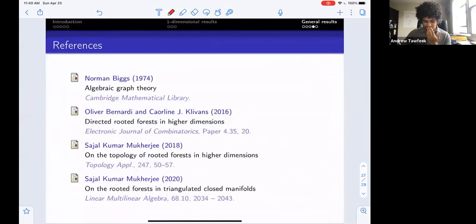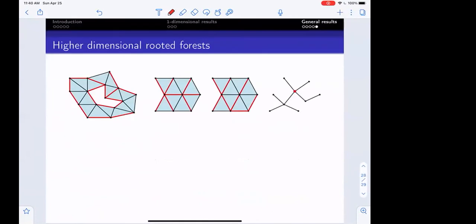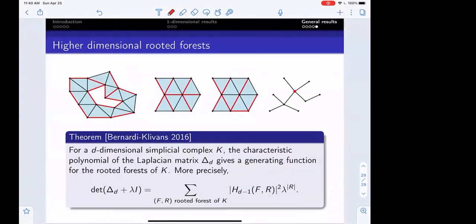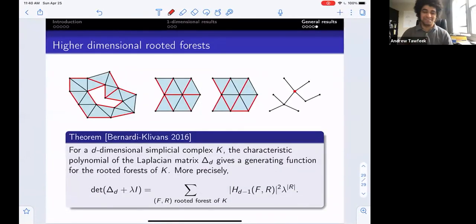Yeah, actually speaking of Caroline Klivans, I didn't mention it. I mean, you can actually see her work show up here. This is the stuff I skipped of what a higher dimensional rooted forest is, and her work is present all over in this. Her higher dimensional rooted forests are completely her creation. But yeah, I'll look more into her work based on your suggestions.